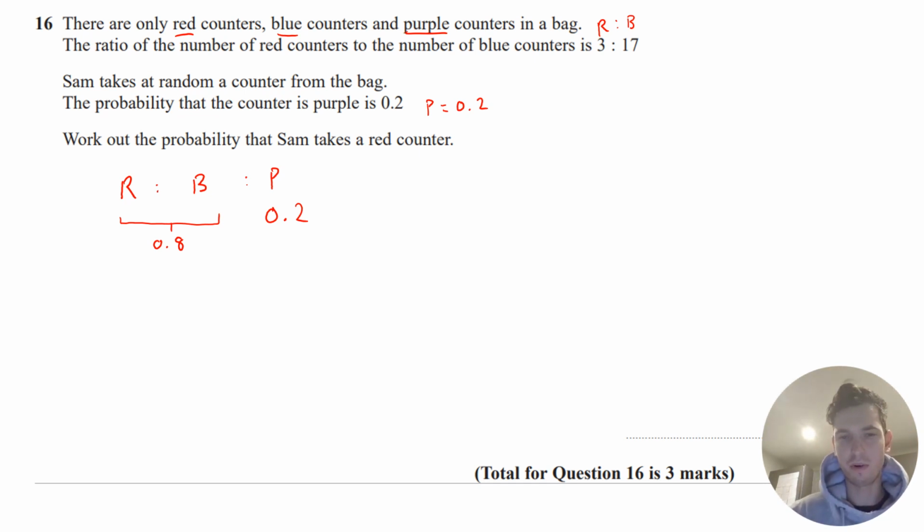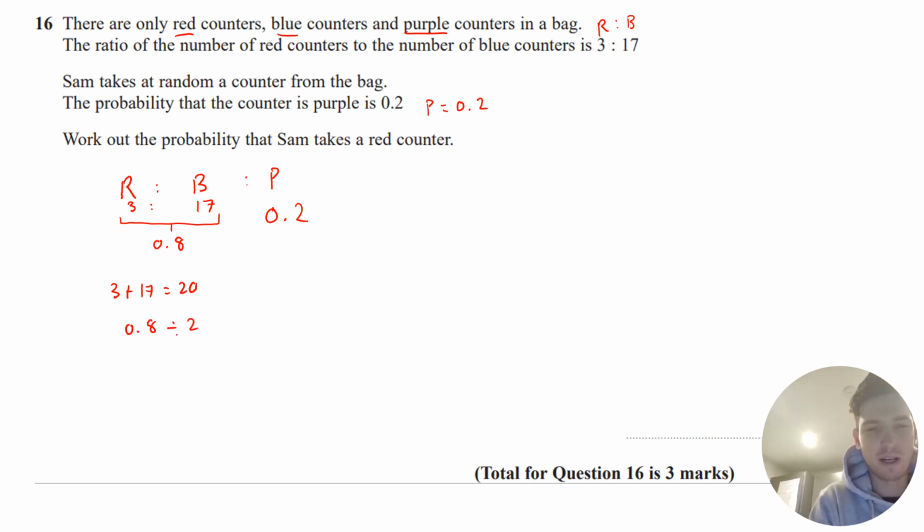And I need to split the ratio 3 to 17 so that they sum to make 0.8. Okay, so 3 plus 17 is 20. So to find out what each part is worth, I think I'm going to have to do 0.8 divided by 20.